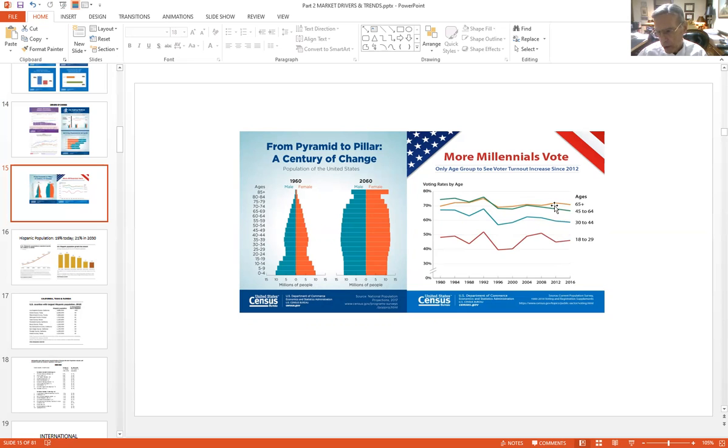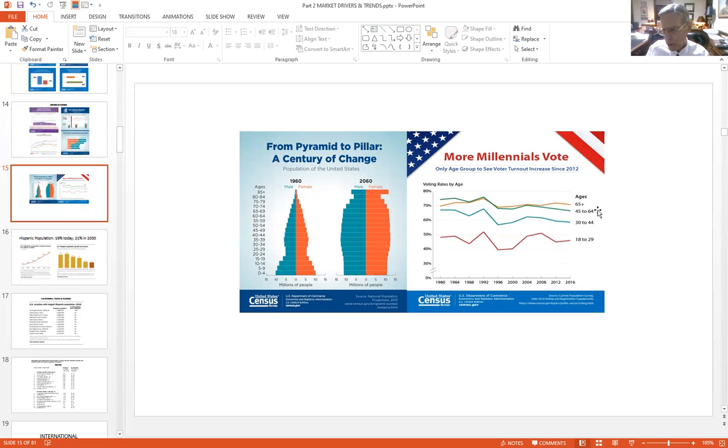In fact, it's only the 65 and over age group that was actually growing since 1996 in this graph. And this graph goes to 2016. So it's fairly recent.